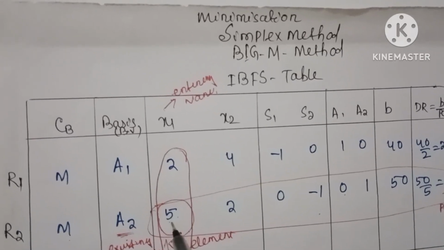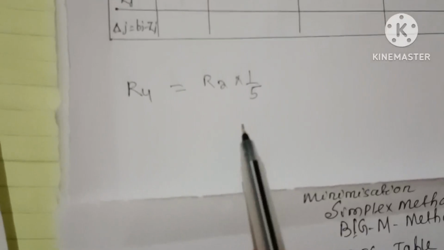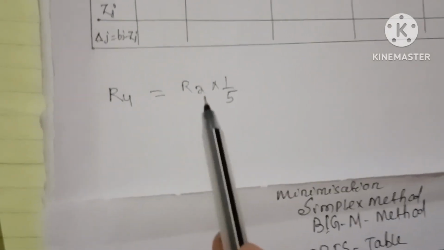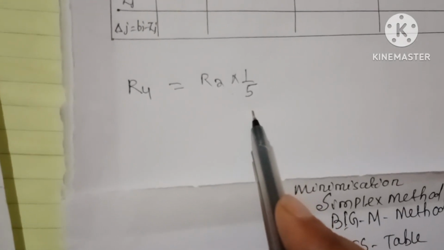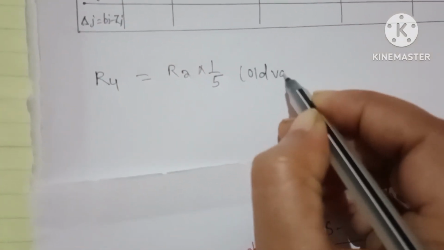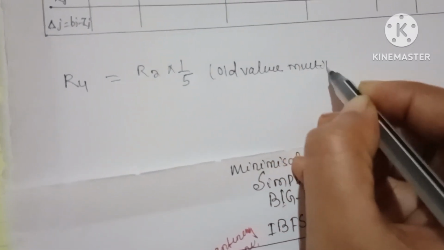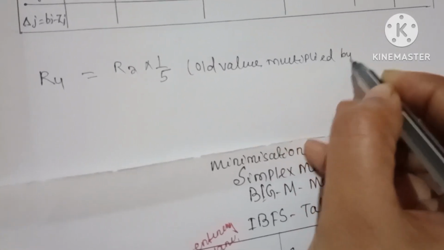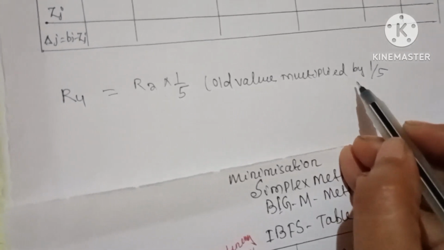So to calculate the new values, we apply this formula: the new value equals the old value multiplied by 1 by 5.